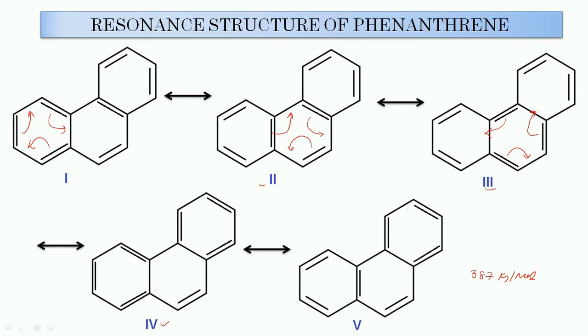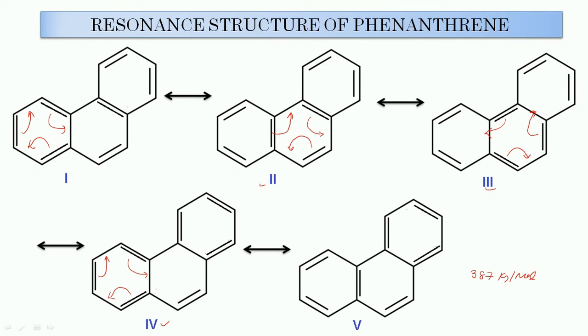In the last, this pi bond will shift toward this side, and this pi bond will shift toward this side, and this pi bond will shift toward this side, and we have structure number 5. So these are the 5 resonance hybrid structures of phenanthrene, and the resonance energy is 387 kilojoules per mole.